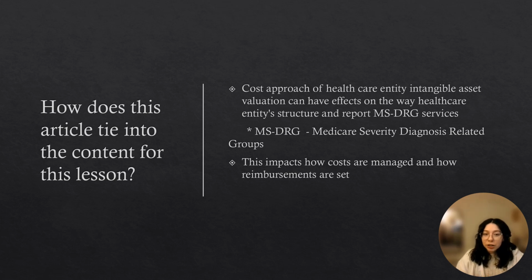So understanding the costs related to these intangible assets, like I said in the previous slide, like proprietary health practices or patient care models, can help healthcare entities to better allocate their resources when determining the MS-DRG reimbursement amounts and managing healthcare delivery.